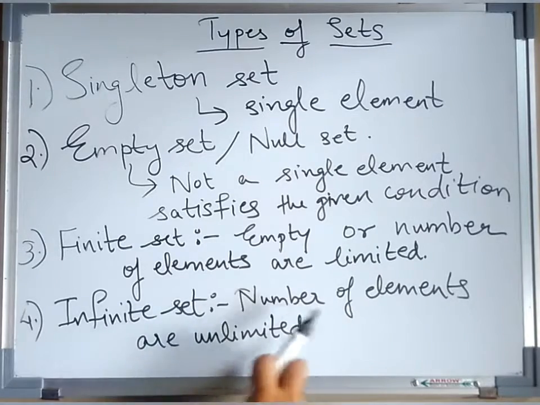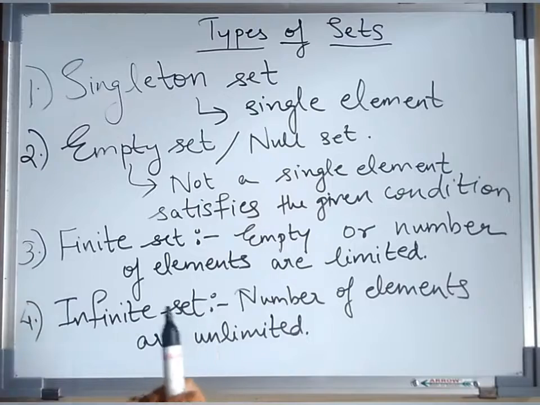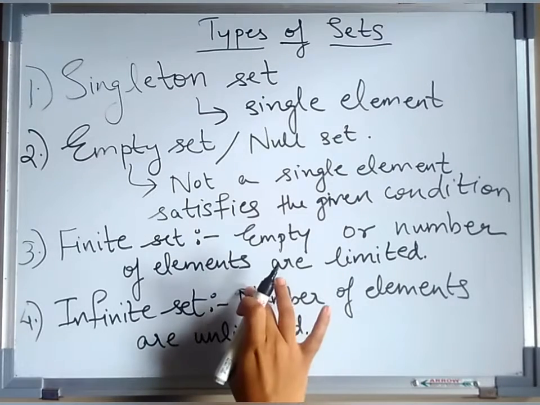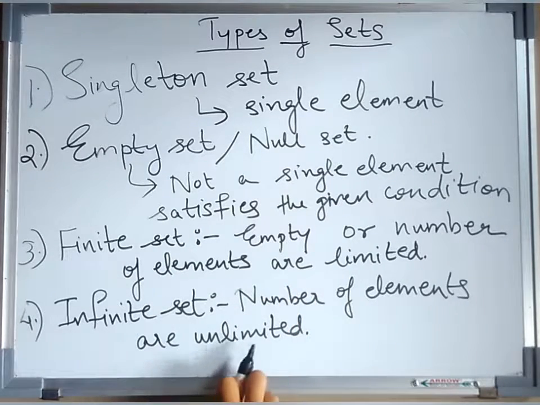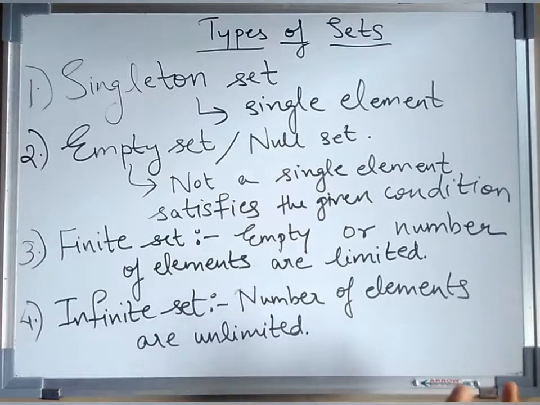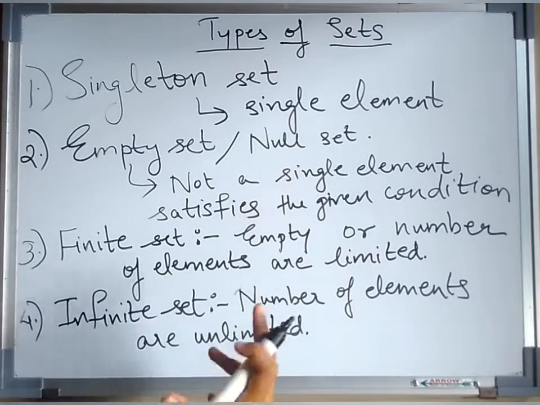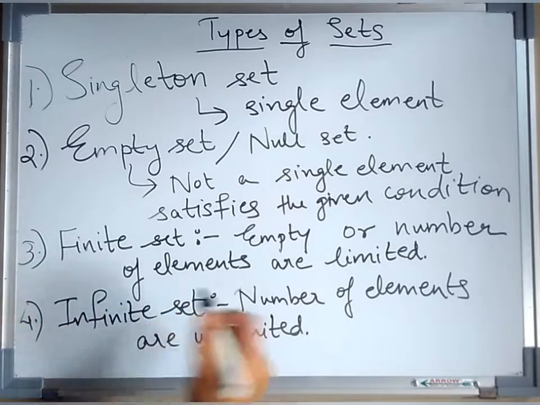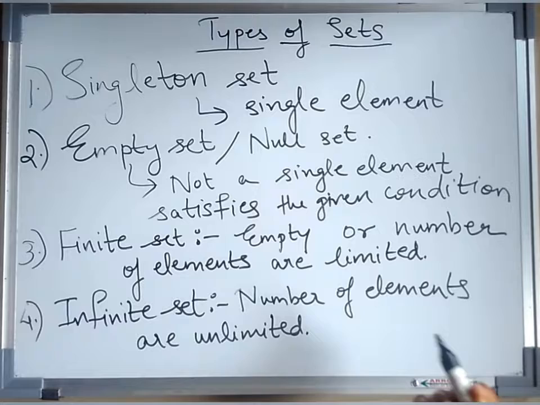That means I cannot count the number of elements in that set, or I don't know how many elements will belong to it. There will be a lot, and it is unlimited. Unlimited means innumerable elements will belong to the set. We cannot tell a count or limit for that set. Then it is an infinite set. So any set which is not finite is infinite. So these are the four basic types of set.